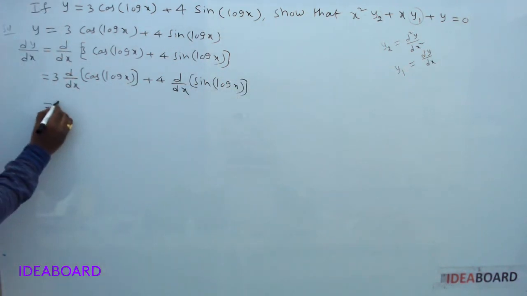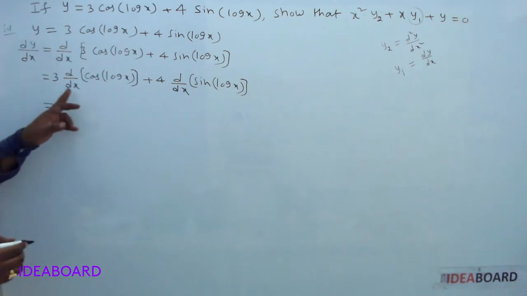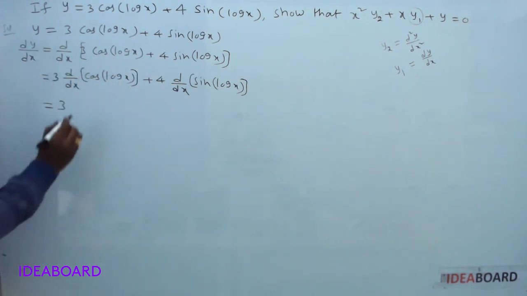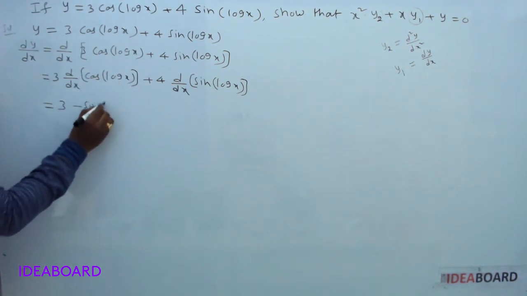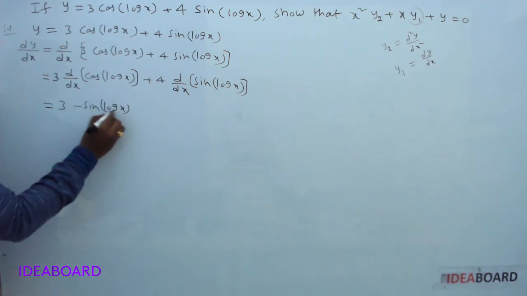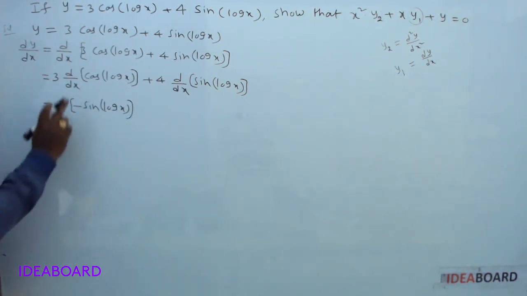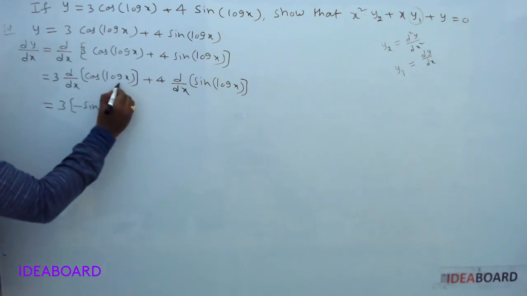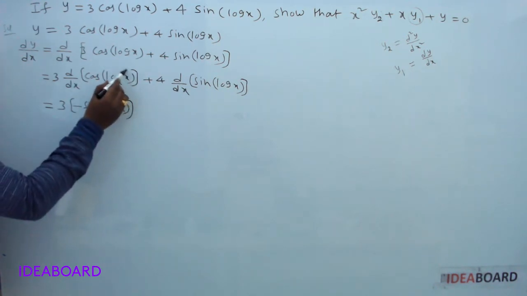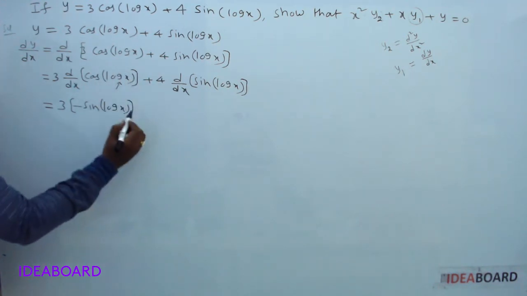Now this equals 3 into derivative of cos of log x, which is minus sin of log x into derivative of the angle of the cos function. Here what is the angle of the cos function? Log x.